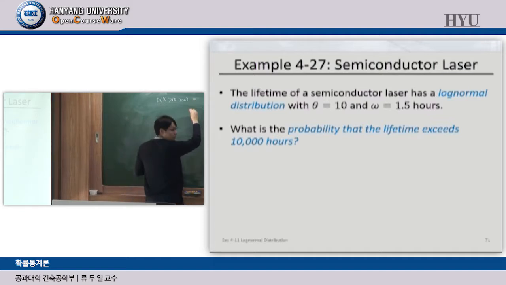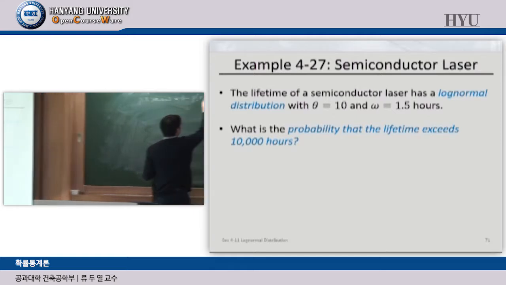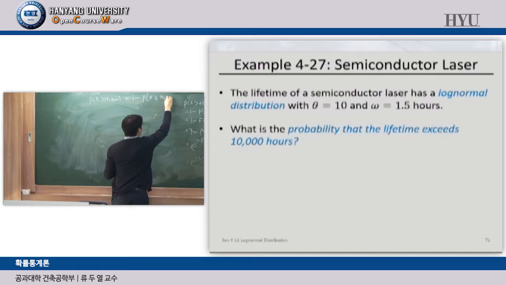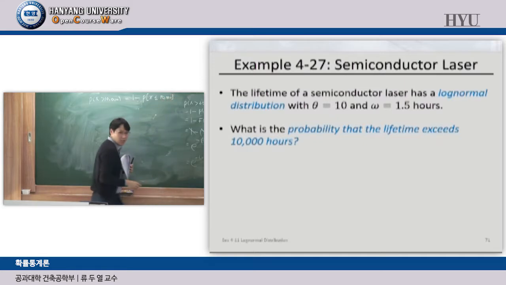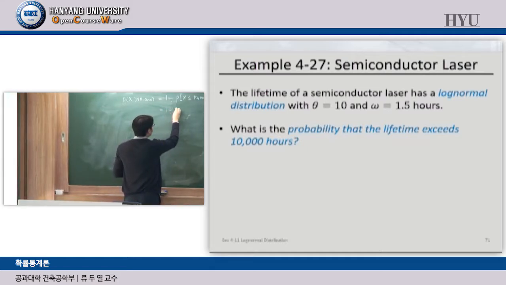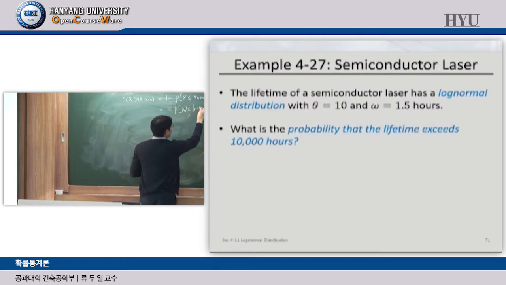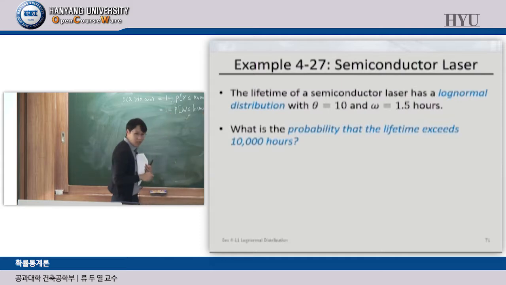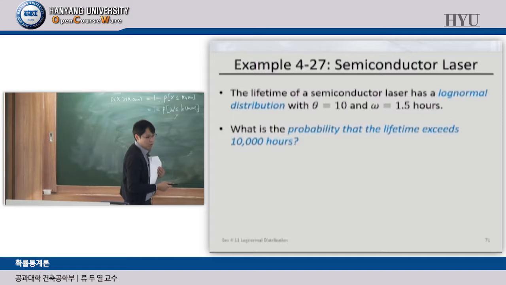And this can be re-expressed as 1 minus the probability of x when x is smaller than or equal to 10,000, right? And this can be written as 1 minus the probability of w, okay, when w is smaller than or equal to ln 10,000, okay, based on the log normal distribution.